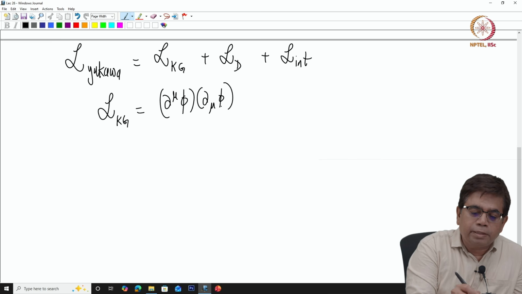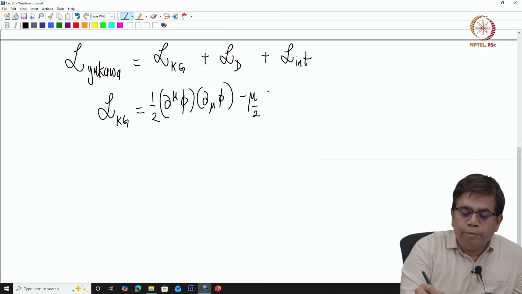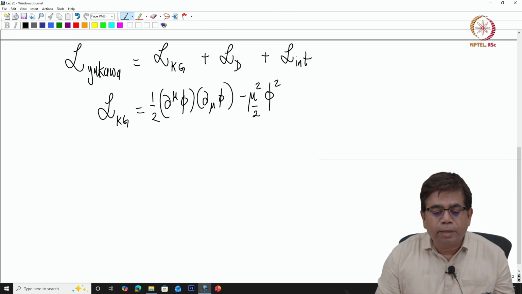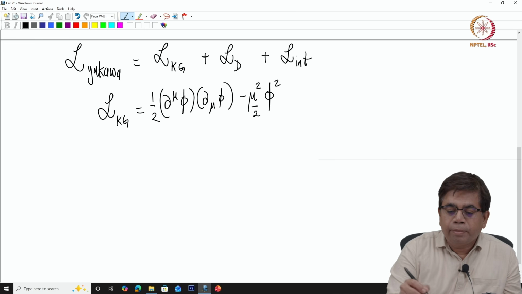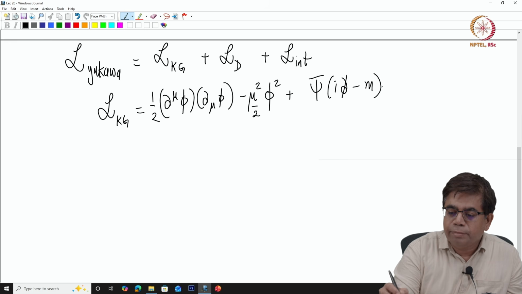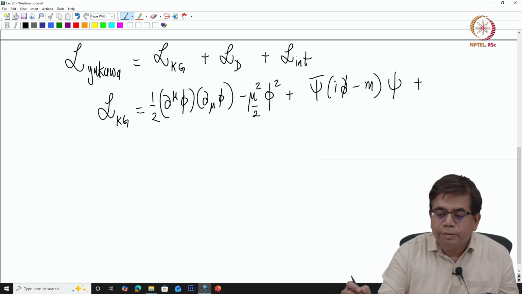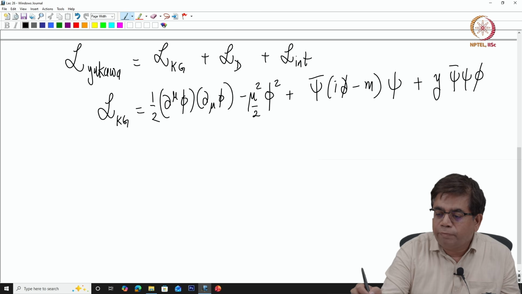Let us assume a real scalar Klein-Gordon field, and then we introduce minus mu squared by 2 phi squared, where mu is the mass of the scalar field. And then we have the standard Dirac Lagrangian psi bar i del slash minus m psi, and then you have the interaction term, which is y psi bar psi phi.